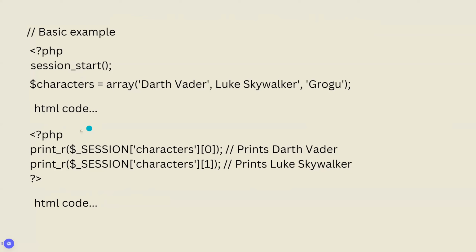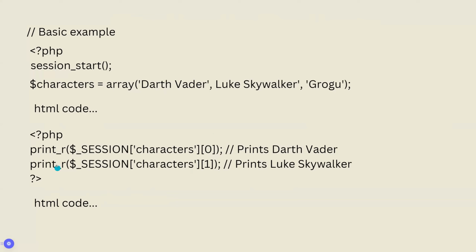In order to print a session array, we would type print_r, session, then the variable characters, and then an index. For this one, 0, meaning Darth Vader. It'll print out Darth Vader.